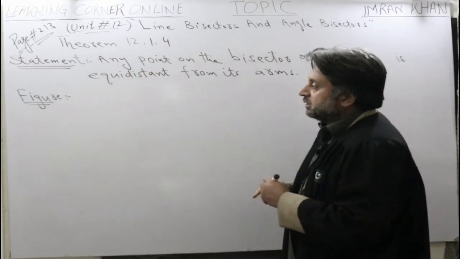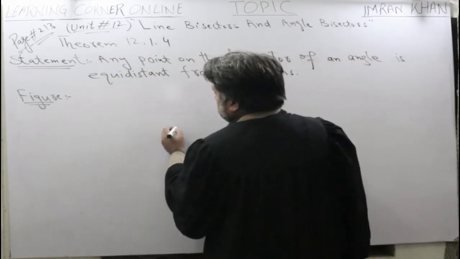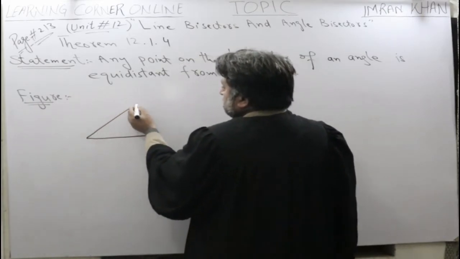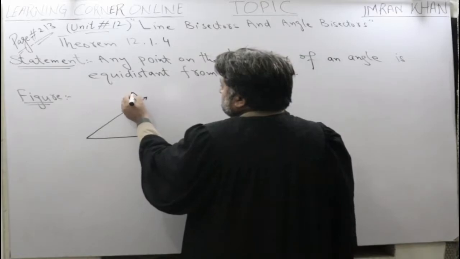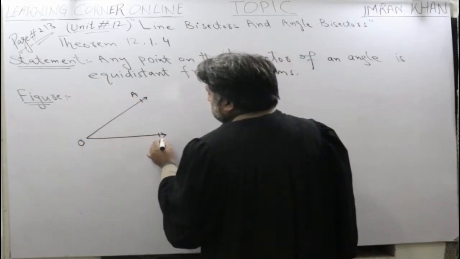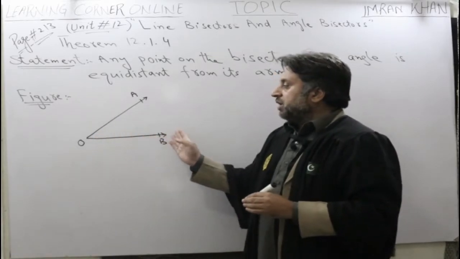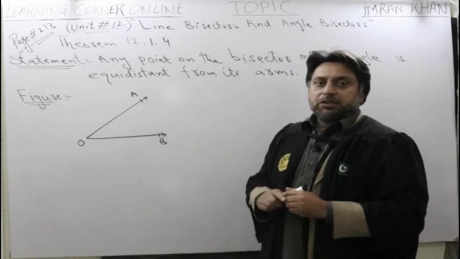Our second element is the figure. We have an angle AOB, and we will draw the bisector.